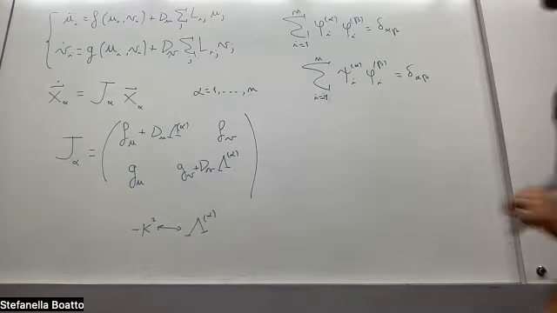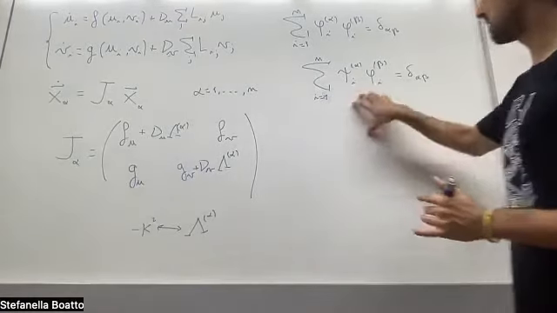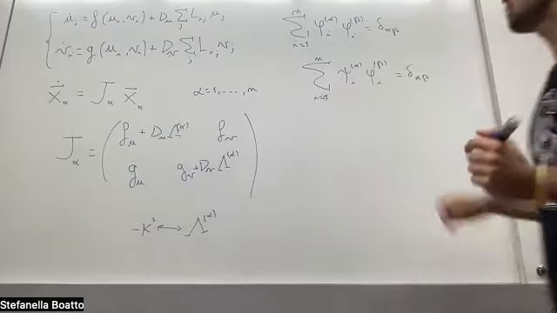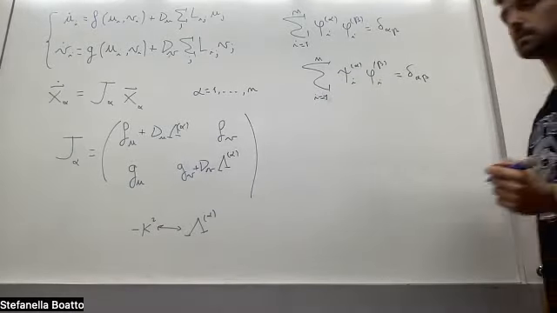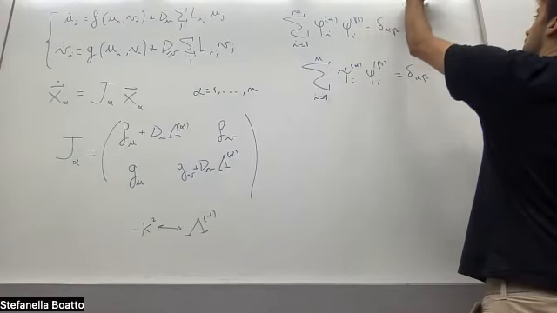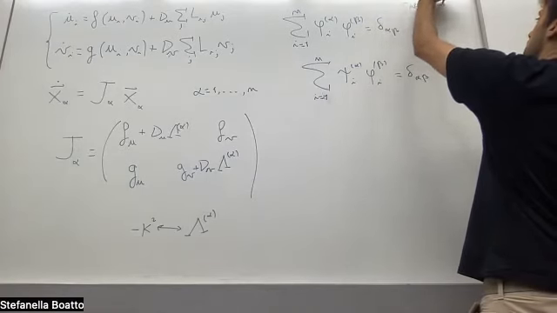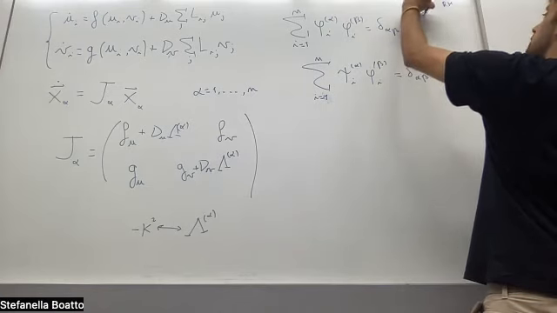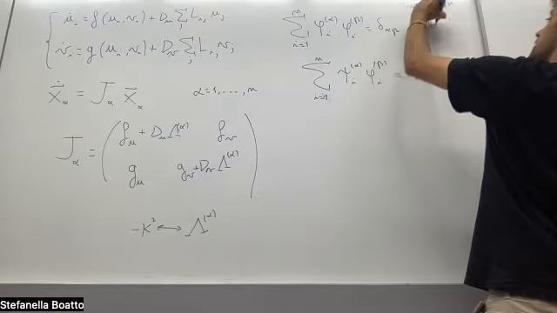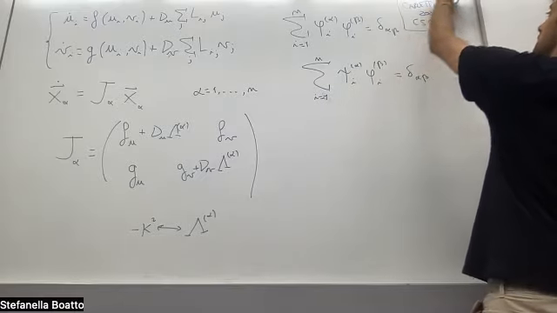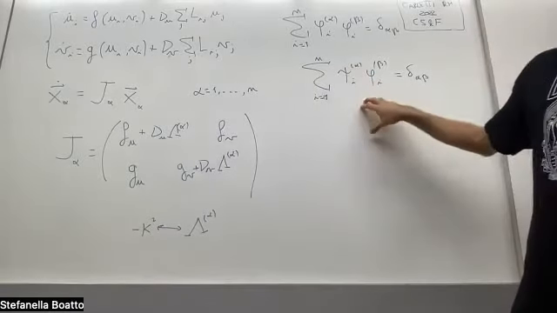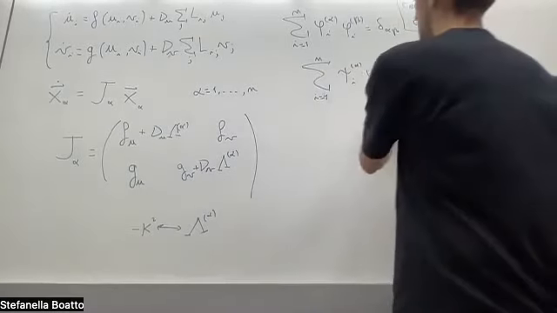The calculation with all the details is in a paper by Carletti and myself of 2022 in Chaos, Solitons, and Fractals. It's a different framework, there's no diffusion, but there are all the details of this calculation.